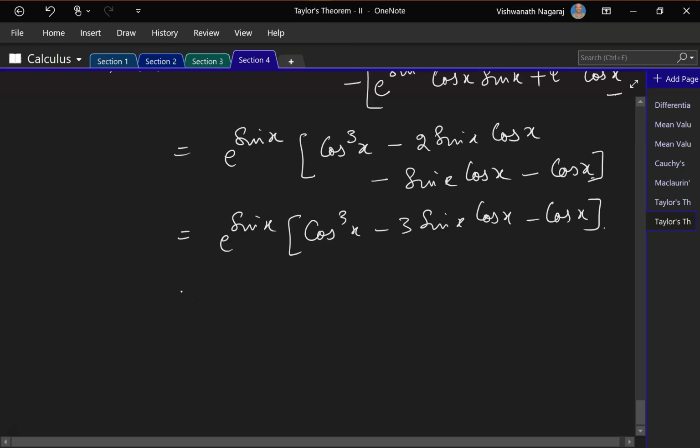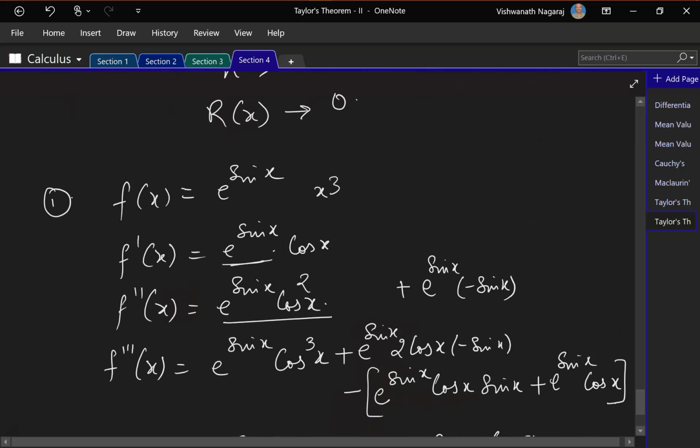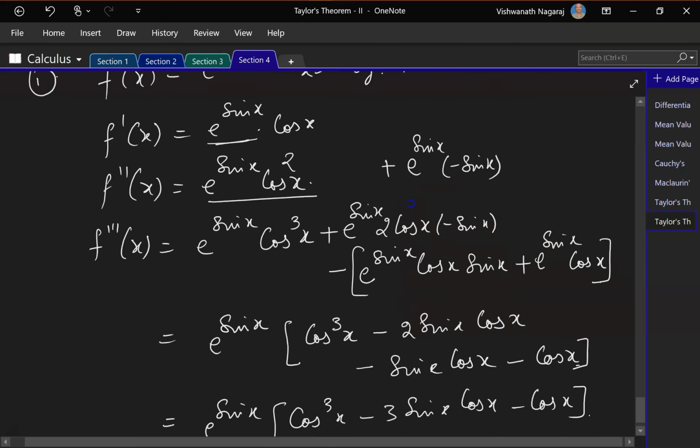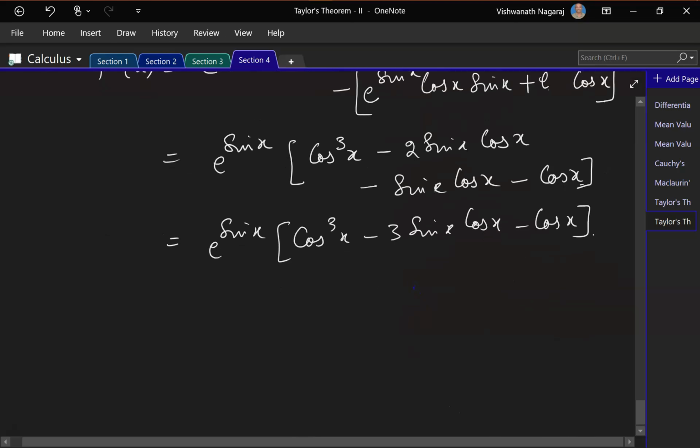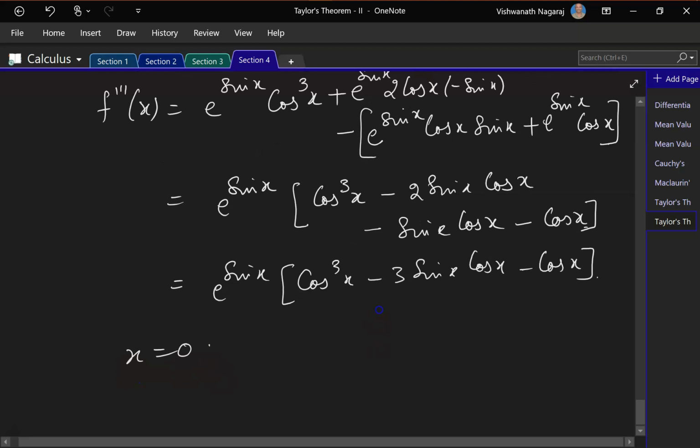Now it doesn't tell me when, but it does say by Maclaurin's theorem. So the moment it says Maclaurin's theorem, even though we are using Taylor's theorem, it is just a question of putting x equal to 0. Let's say x equal to 0.